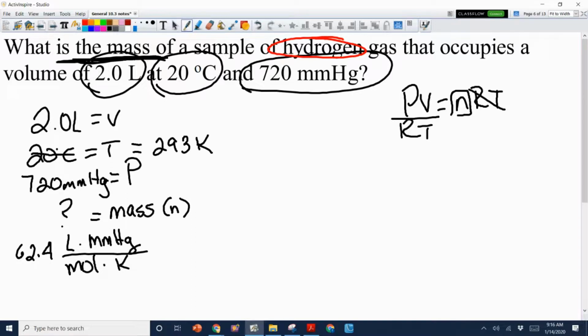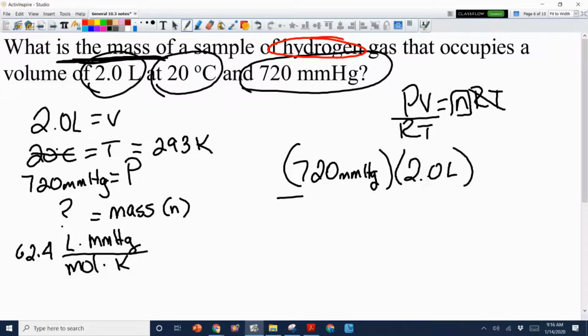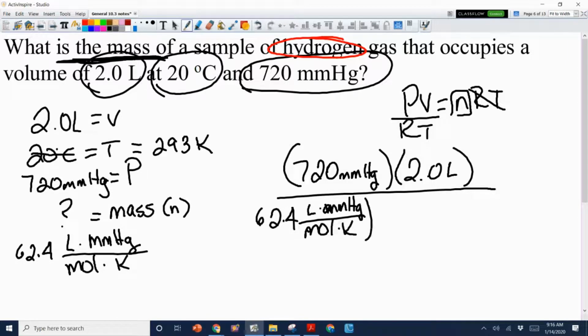And so pressure, let's start plugging stuff in. 720 mmHg times volume, 2.0 liters, over 62.4 liters mmHg, oops, I almost wrote atmospheres, over moles Kelvin, times the temperature, 293 Kelvin. All right, so let's cancel what we can cancel. So mmHg cancels mmHg, liters cancels liters, Kelvin cancels Kelvin, so moles is what's left.